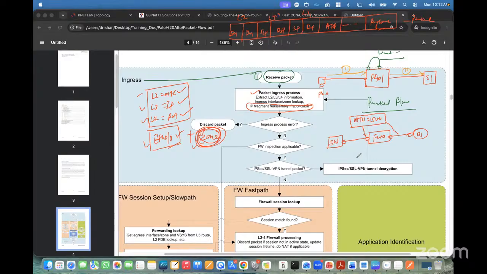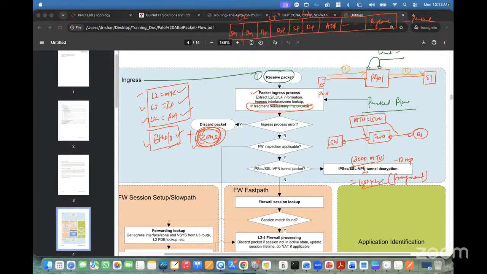But let's suppose you send a packet of 3000 MTU size. Then what is going to happen? There are two options. Maybe this interface simply drops your packet, or the second option is that it fragments your packet. So what is fragmentation? Fragmentation just divides this packet in two parts and makes this big packet into two packets, so 1500 into 2.